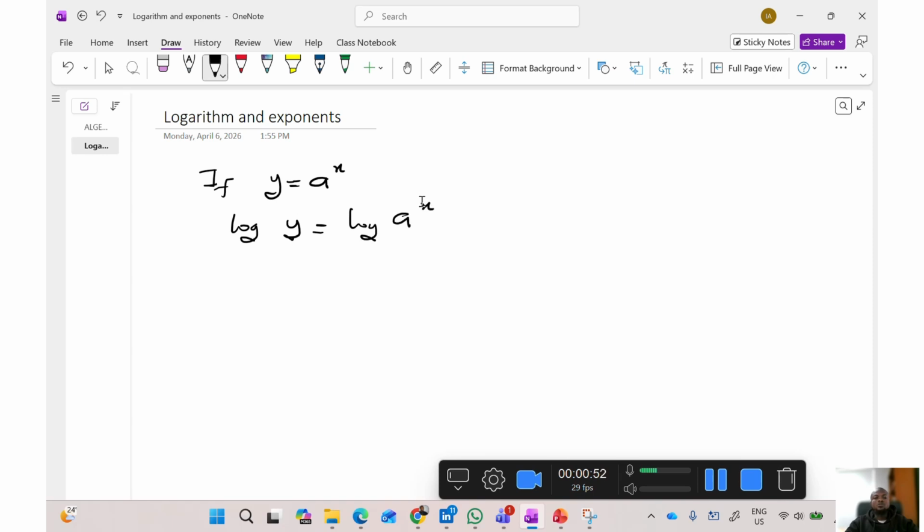So logarithm is always to what? To a base. So this is called logarithm of y to base b, logarithm of a raised power x to base b.